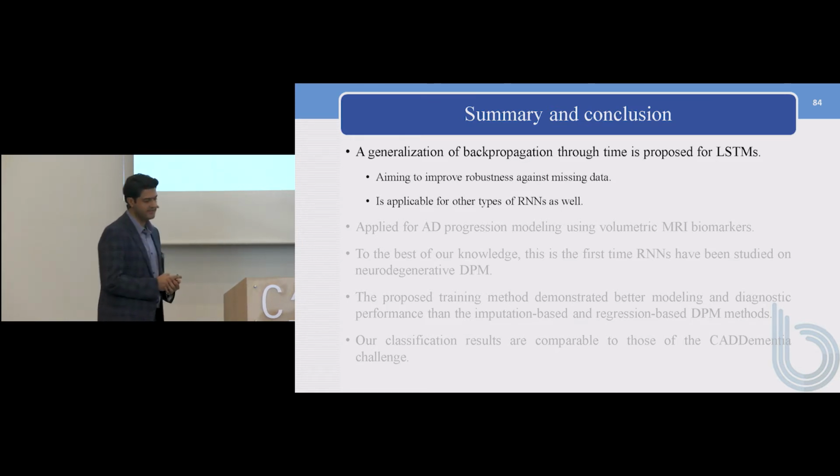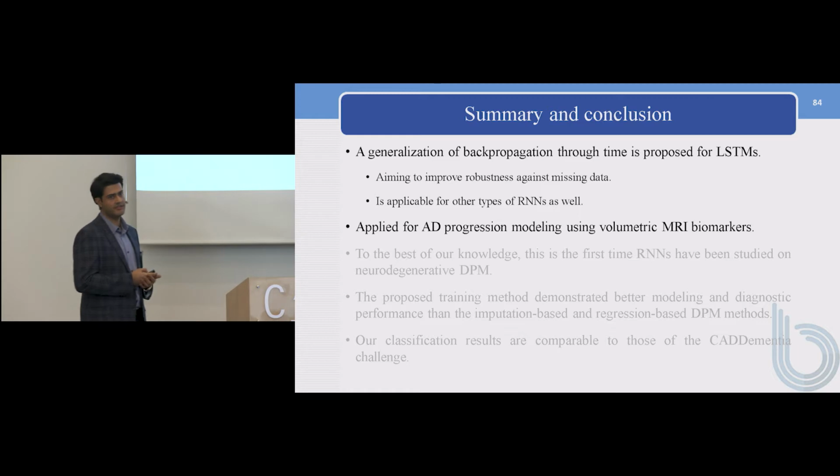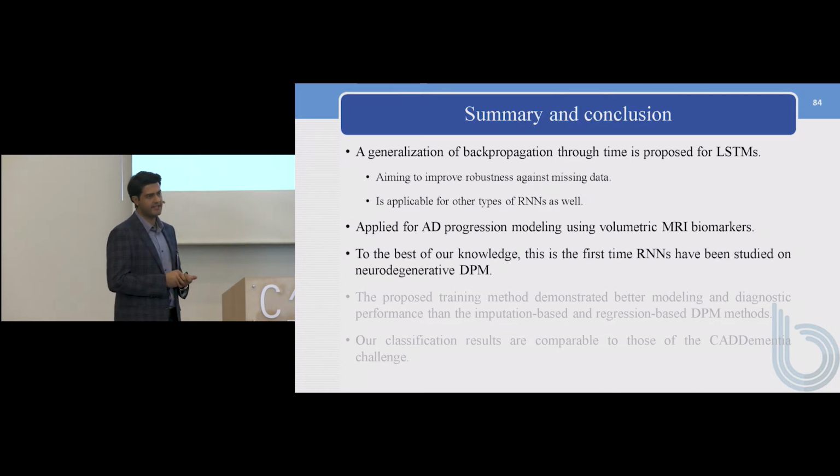Finally, a generalization of backpropagation through time is proposed for RNNs, aiming to improve their robustness against missing data. It is, of course, applicable to other types of RNNs. We applied it to LSTMs; we can use it for GRUs, for example. It is applied to AD progression modeling using volumetric MRI biomarkers of ADNI.